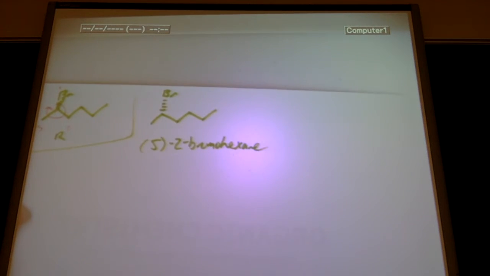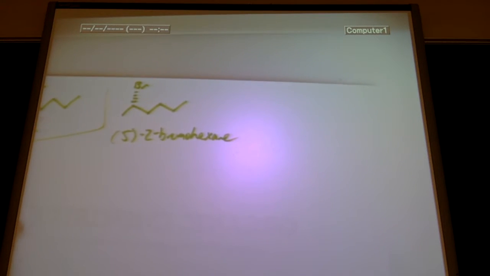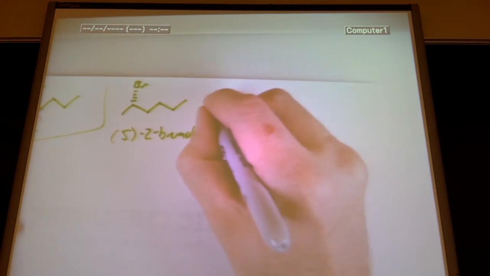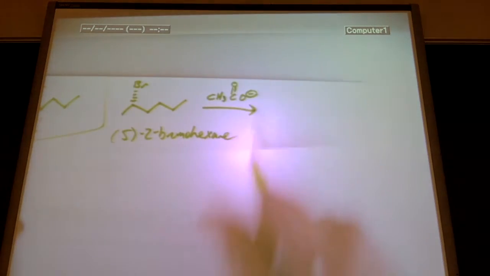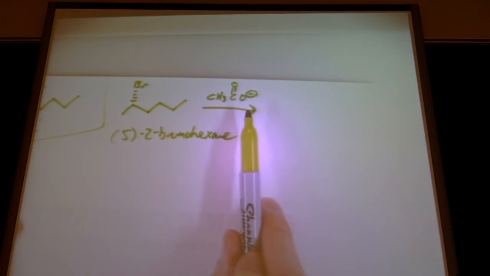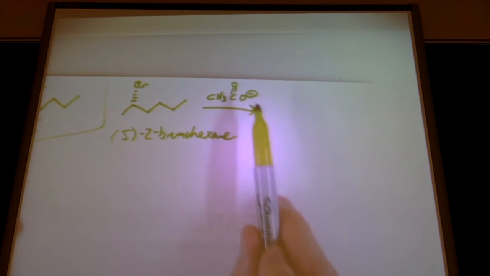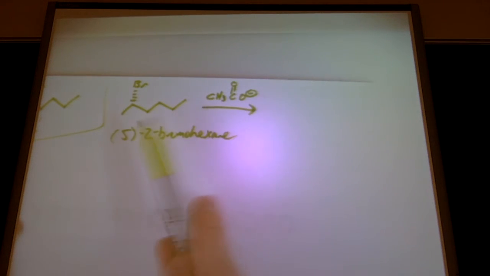So there's S-2-bromohexane. Now it says I react that with the acetate ion. The acetate ion has a minus charge on the oxygen. Where that minus charge is, that's what is attached in place of my bromine, and it attaches from the opposite side.